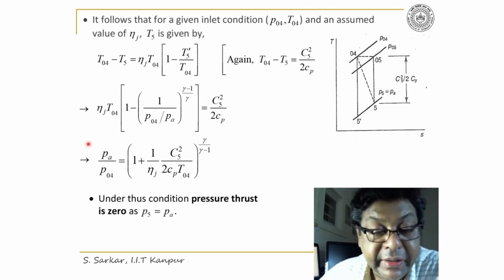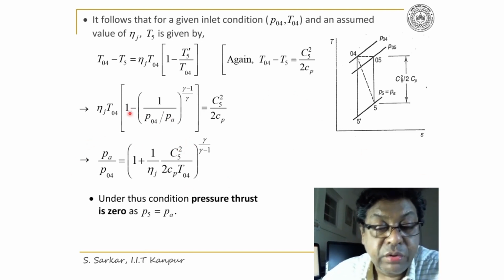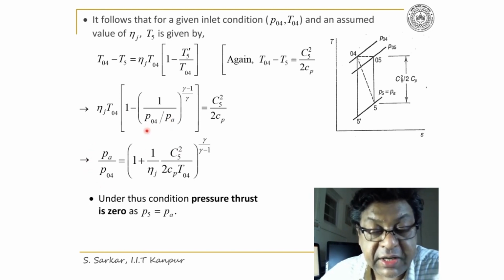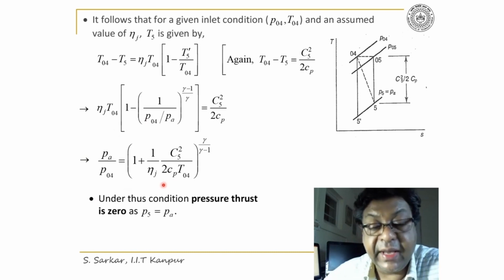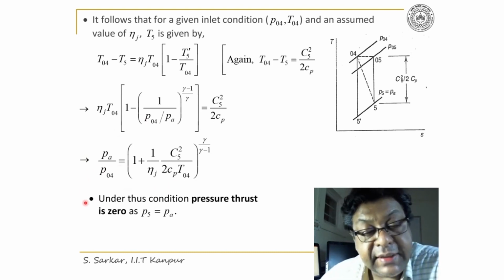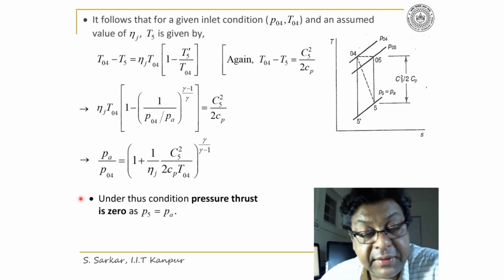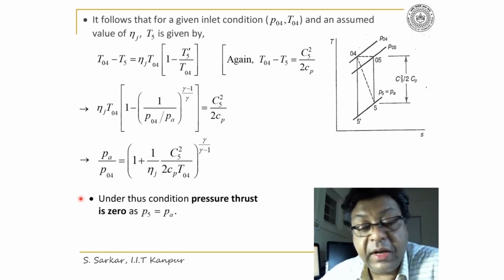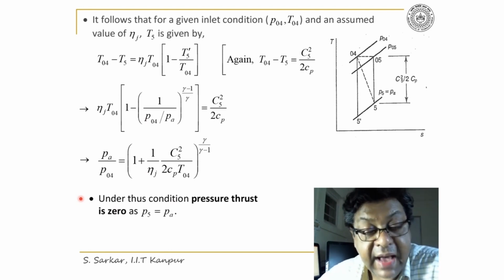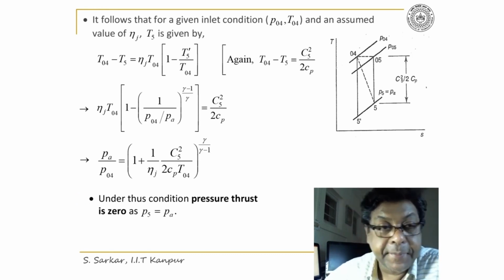Therefore, I can relate C5 with respect to pressure ratio for a given value of eta J. Under this condition, pressure thrust would be equal to 0 as P5 here is equal to Pa.